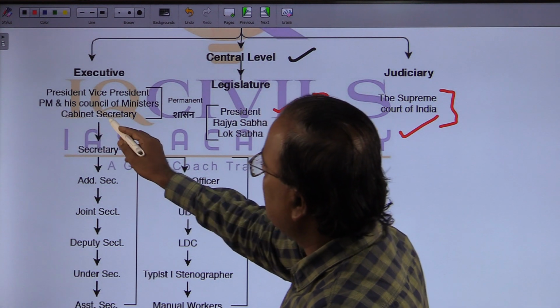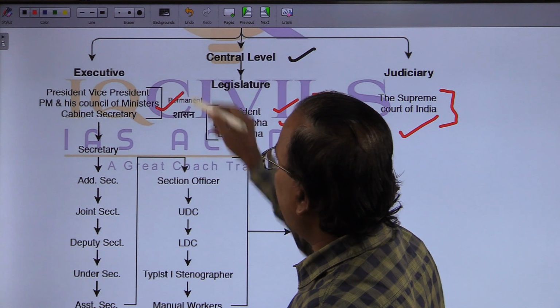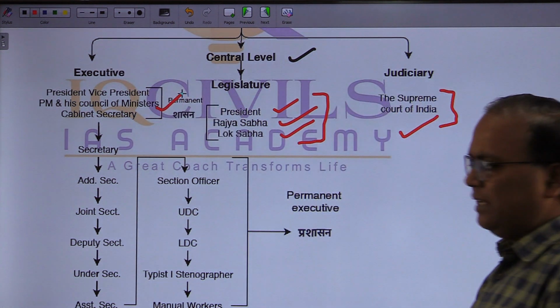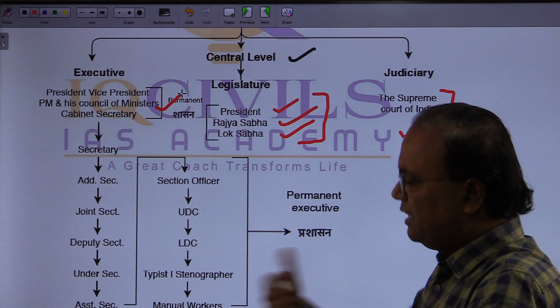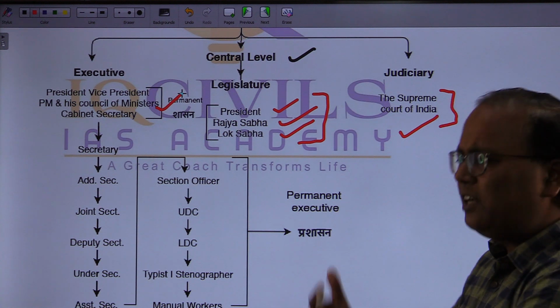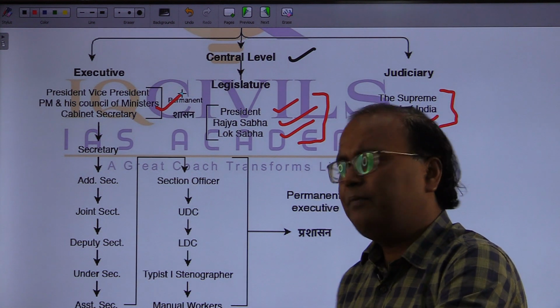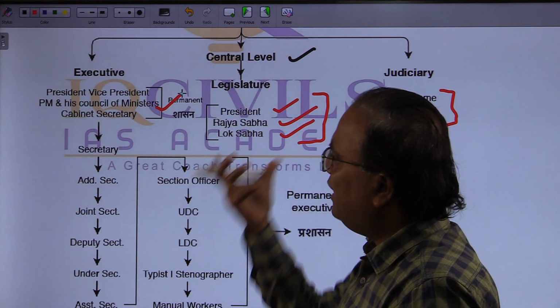And we have an executive: President, Vice President, then Prime Minister, Council of Ministers, then the Cabinet Secretary. They are part of what you can call the transitory executive, because it keeps on changing after every 5 years, or it can be in continuity. It all depends upon the verdict given by the people of India. So they are called in Hindi Shashan.